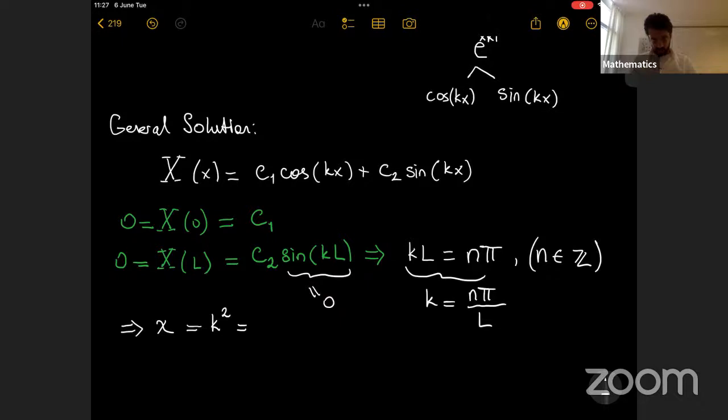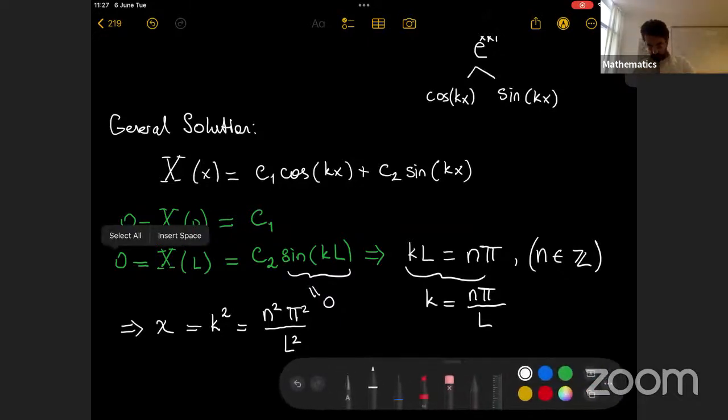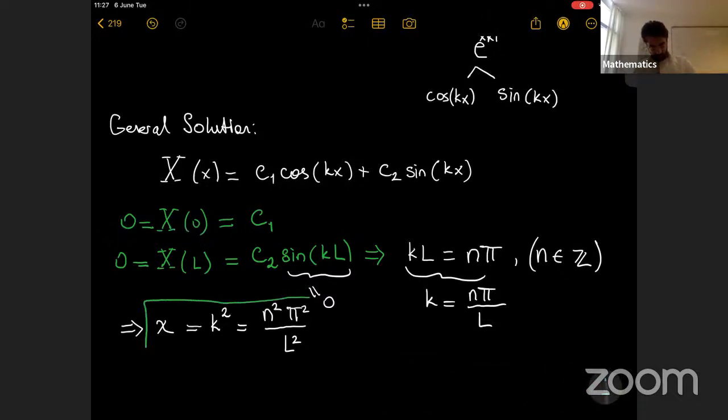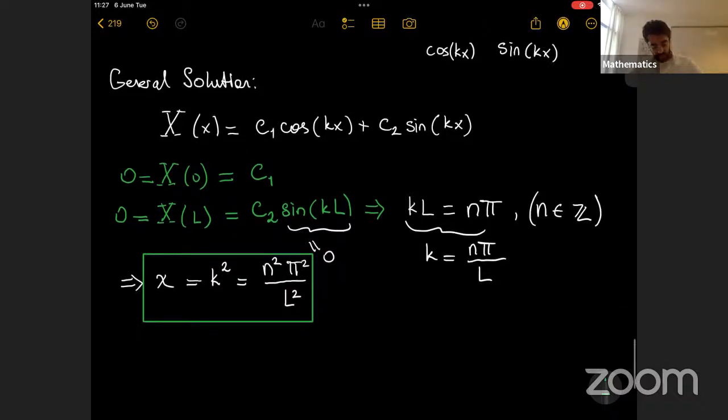So k squared is n squared pi squared over L squared, okay? So we get this lambda. Here n can be any integer. When lambda is equal to that number, we have many solutions, okay? Depending on n. Here, maybe I should say n is any integer.